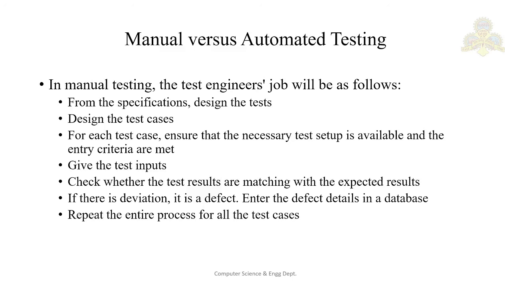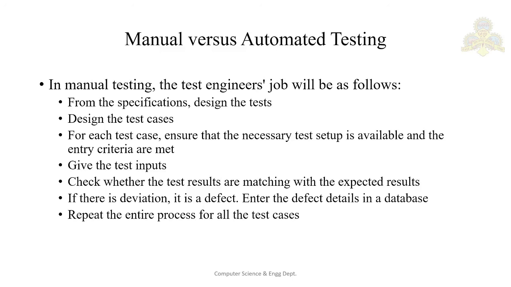If there is any deviation, that means if your actual is not equal to your expected result, then there is a defect. The defect has to be entered, the details of the defect along with the screenshot, result, everything has to be maintained in the database or whatever the defect tracking tool is. Once all this is done, he has to repeat the entire process for all the test cases.